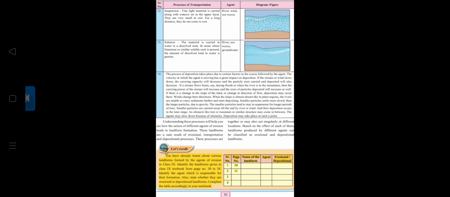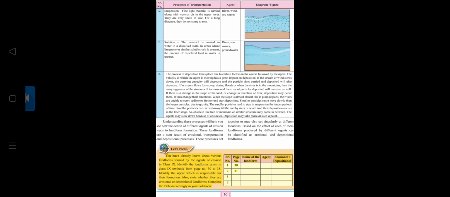Now, understanding these processes will help you see how the action of different agents of erosion leads to landform formation. These landforms are the sum result of erosional, that's wearing away, transportation, carried away, and depositional, settling.